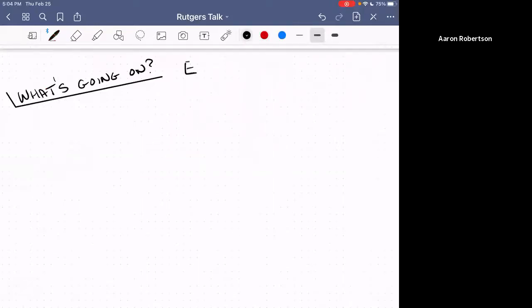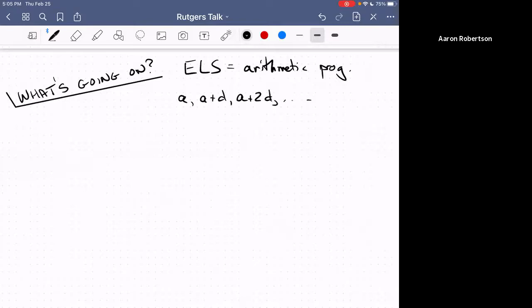Okay, so an equidistant letter sequence is an arithmetic progression. What he's looking for are letters in some equally distant sequence.